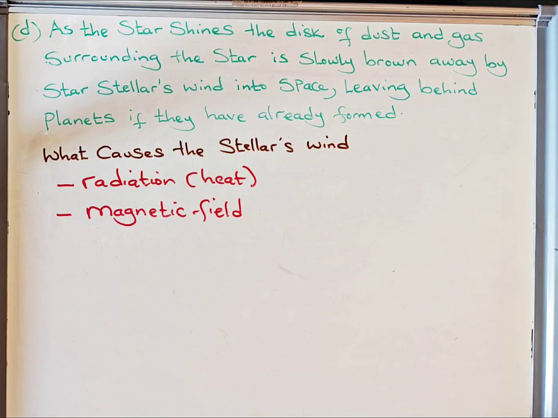These tend to sweep the environment around the star. All the dust and the smaller particles and gases are swept away into space, leaving behind only planets surrounding the star.